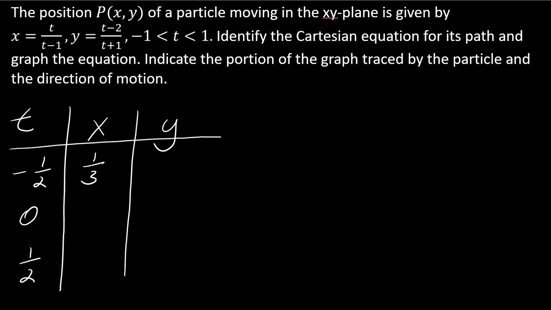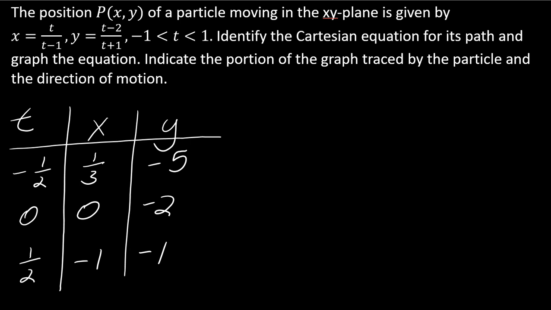And then if I plug -1/2 into my y, I get -5. If I plug 0 into these, this will be 0, and this will be -2. And then if I plug in 1/2, I'll get -1 and -1. So I still have a lot of other information that I need, but I'm going to hope that this will be enough to get me started.